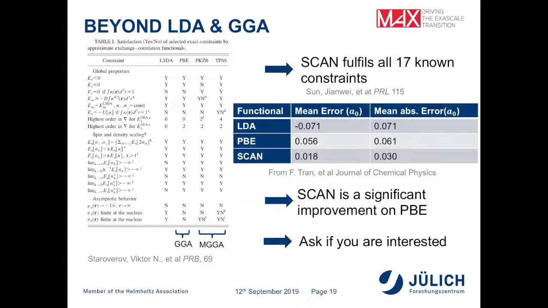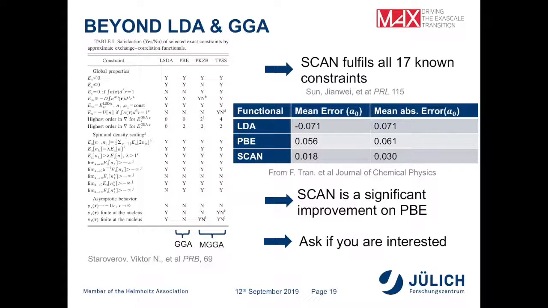And for the meta GGAs, they introduced another variable, and they had more freedom. There were two attempts to fulfill more constraints, but finally they were successful with this SCAN functional, which fulfills all known constraints. And it is a significant improvement over the PBE.